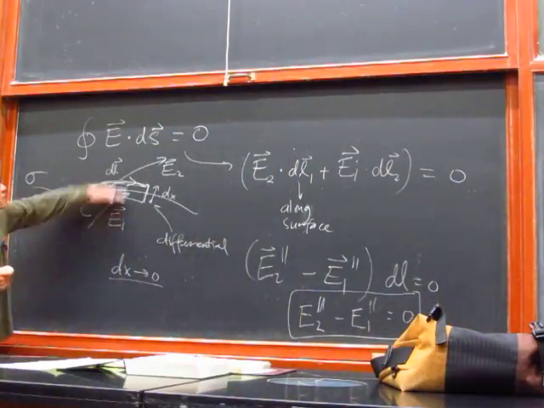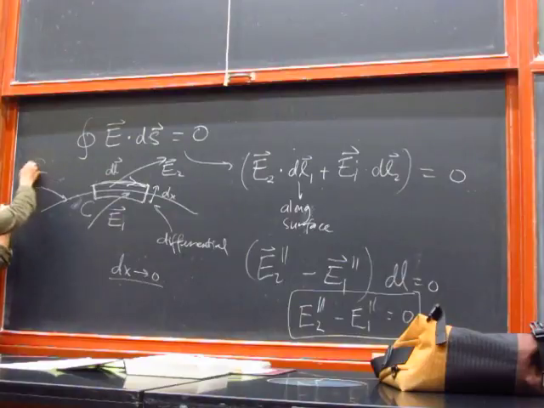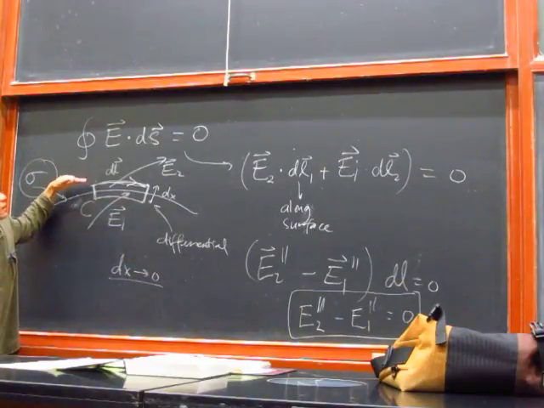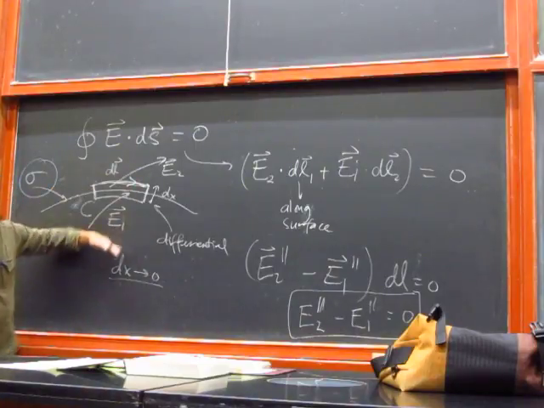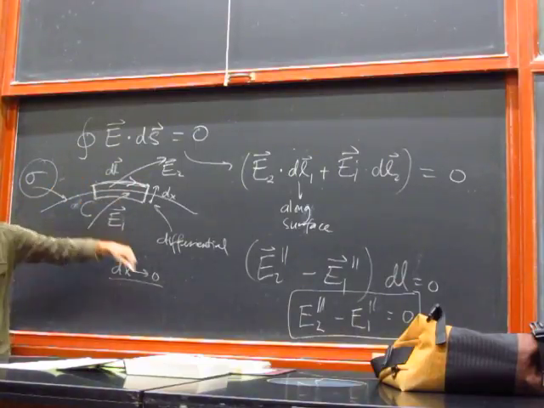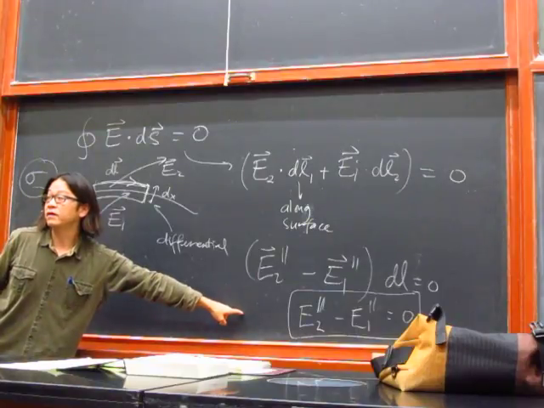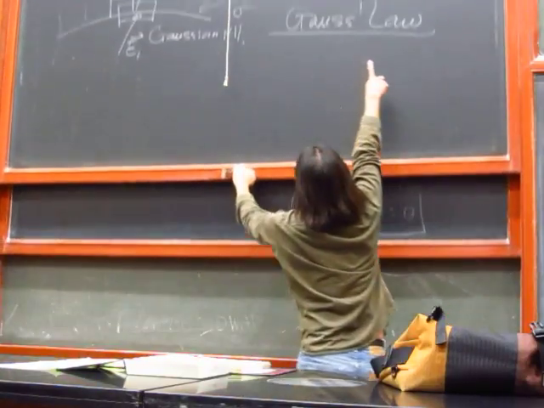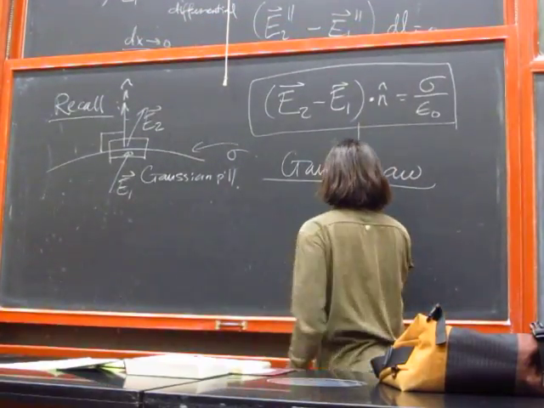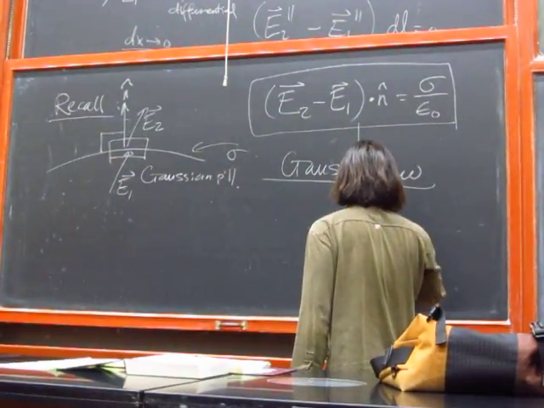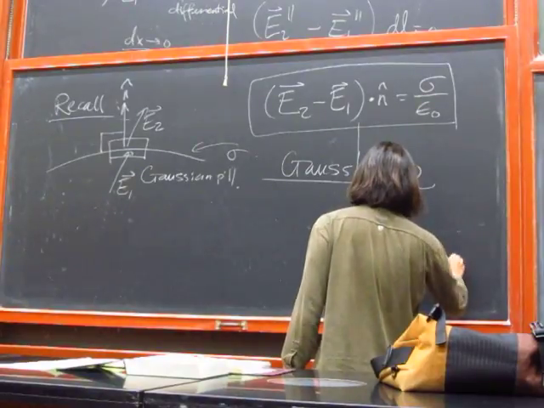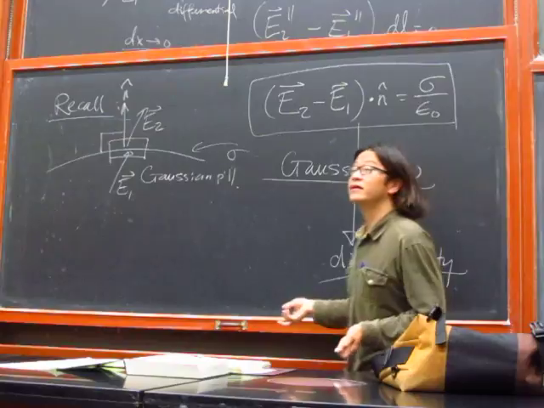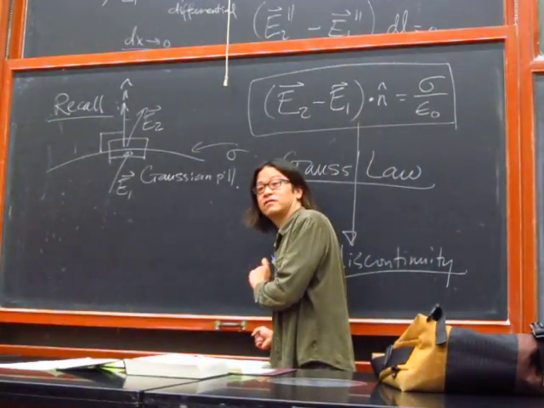So across the surface, whatever the charge density that you have here, the parallel component of the electric field has to be continuous. That's the lesson here. But the normal component has a discontinuity. Is this clear so far?